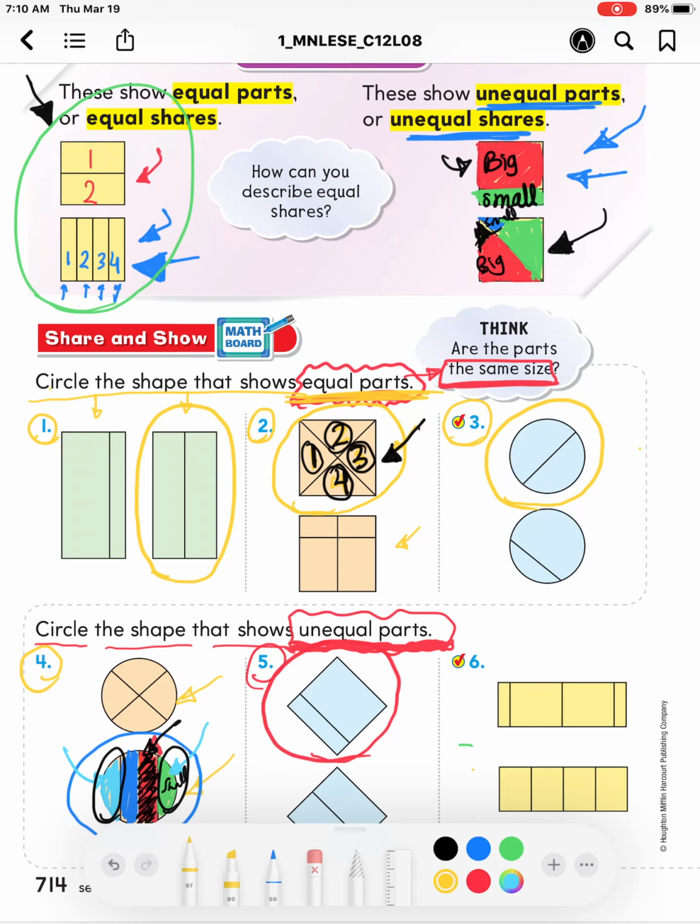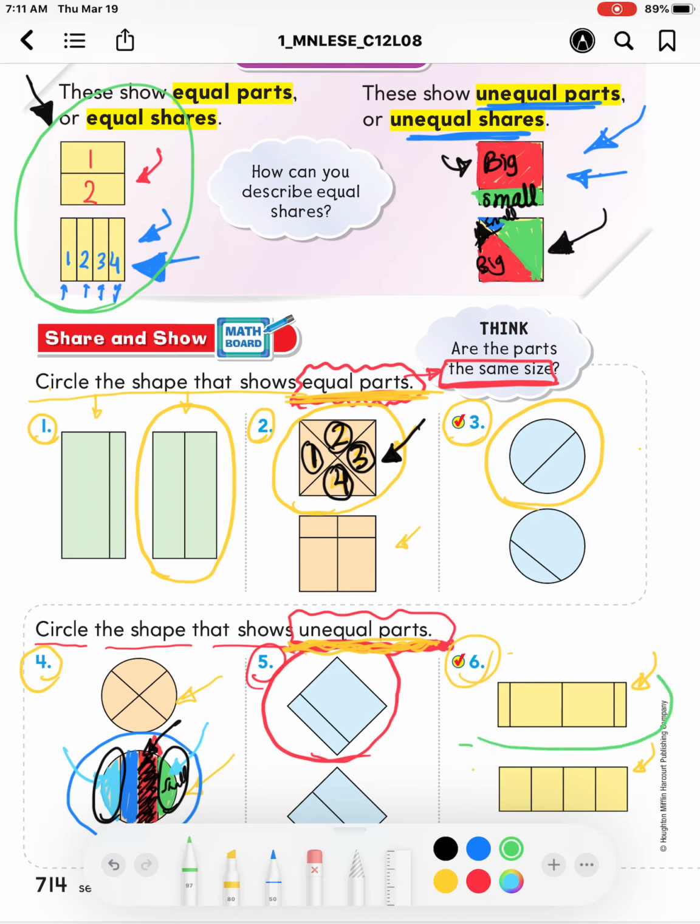Now, question number 6. Remember, we need a shape that shows unequal parts. Unequal parts, which means parts that don't have the same size. Which one is it, the upper shape or the lower shape? Good job, boys and girls.